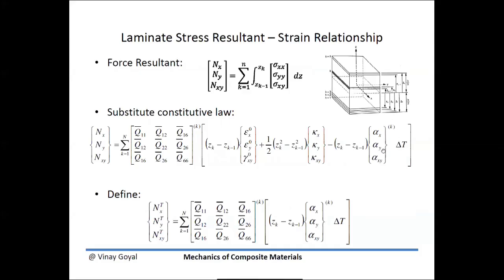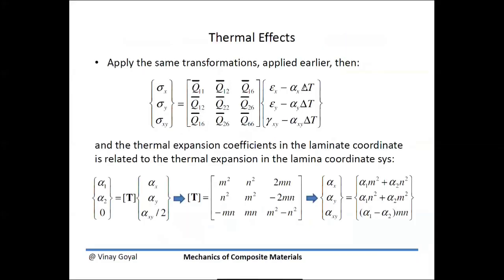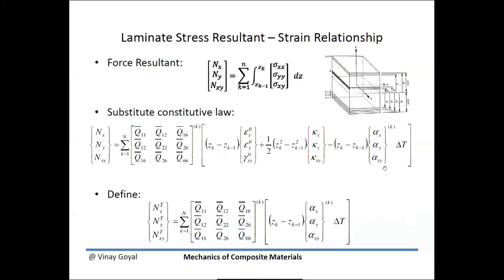So this is a new term, this column vector you had not seen before. And so again, I can multiply everything out, but the new term here is this matrix multiplied by this here. This is new. So that's your force resultant due to thermal stresses. Okay. So this is purely caused by thermal stresses alone.